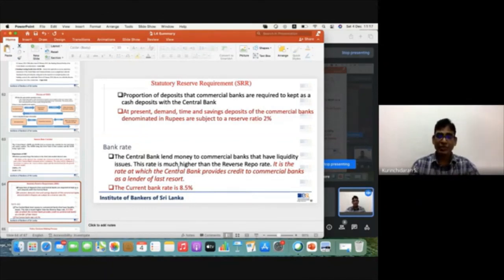If any bank is having an issue in a crisis, at that time they should be able to borrow. It's actually the lender of last resort, right? You might have heard, I think we discussed lender of last resort. The central bank looks after a crisis bank, right?